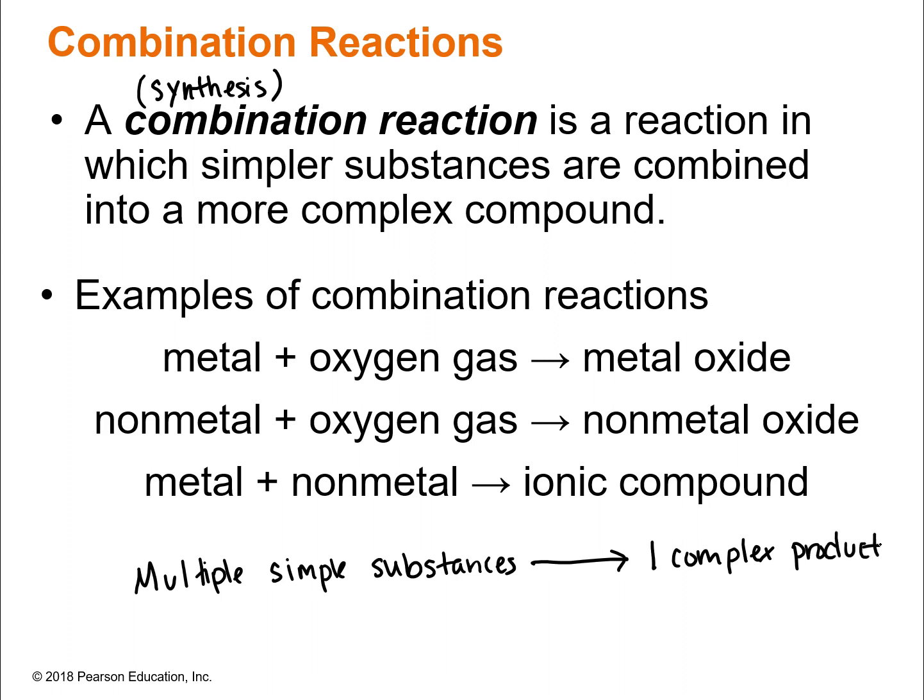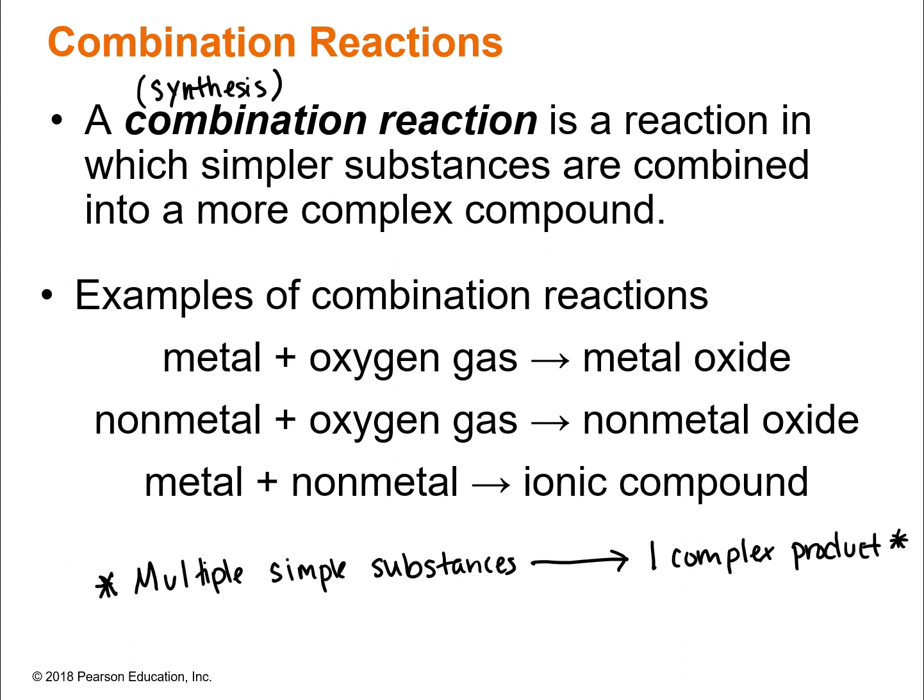I gave some examples of the types of things you might see as combination reactions, where you have a metal and oxygen gas, or a non-metal and oxygen gas, metal and a non-metal. I talk about those more in the video, so if you want specific examples, you can go to the YouTube video. The key is what I wrote at the bottom, and this will be what I put on the cheat sheet. Multiple simple substances or reactants makes one complex product. That is a synthesis or combination reaction.